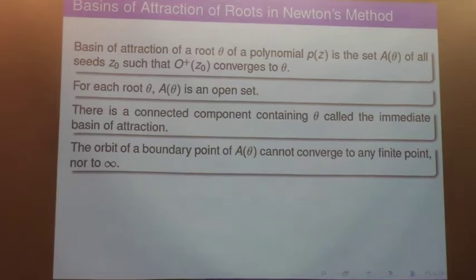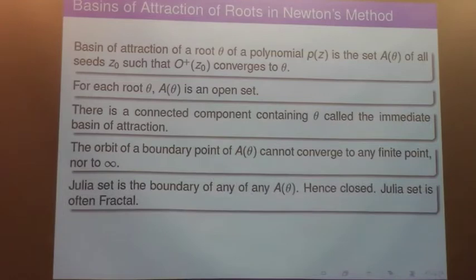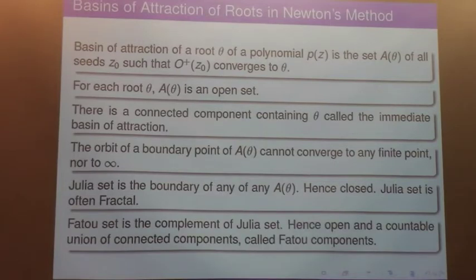So there is chaos if you iterate along the boundary. The Julia set is the boundary of any of these basins of attraction. Hence, it's a closed set. It's often a fractal set. The Fatou set is the complement of the Julia set. Hence, it's an open set, a countable union of connected components, called Fatou components.